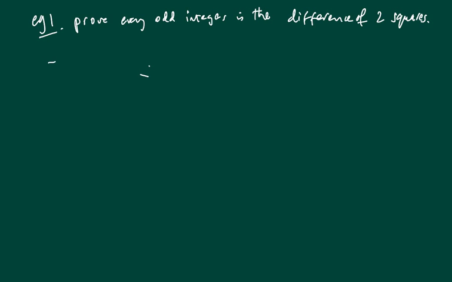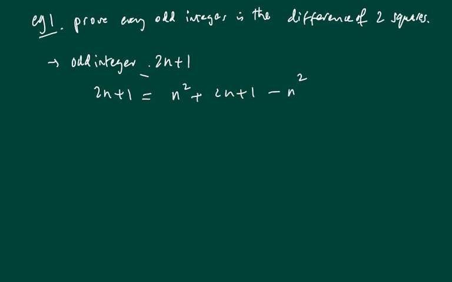Firstly, an odd integer can be written as 2n plus 1, because 2n for any integer n is even. And so with 2n plus 1, we want to think about the difference of two squares. With that end result in mind, we can write down, say, n squared. We can add an n squared to our 2n plus 1, and then subtract an n squared as well.